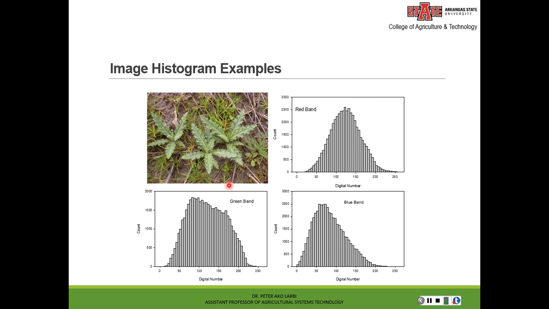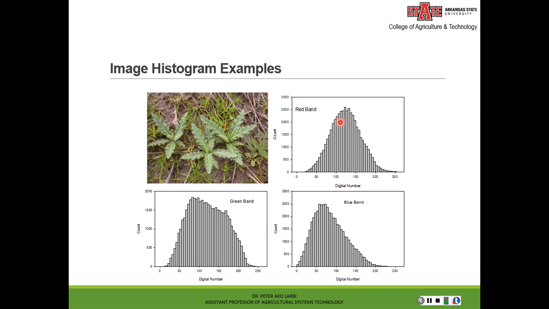Here is an example. We have this image. In this image, this is the red band, the histogram of the red band data. The minimum value is not 0, and the maximum value is not exactly 255.